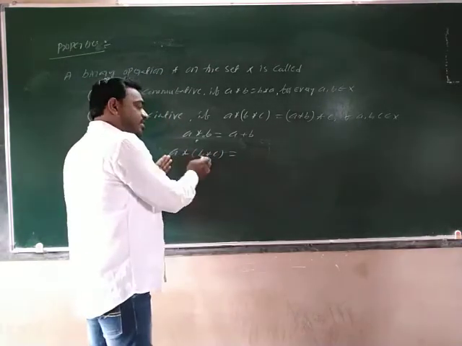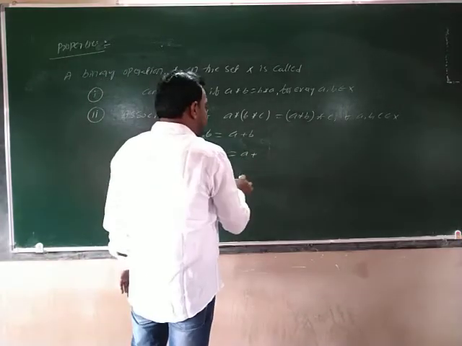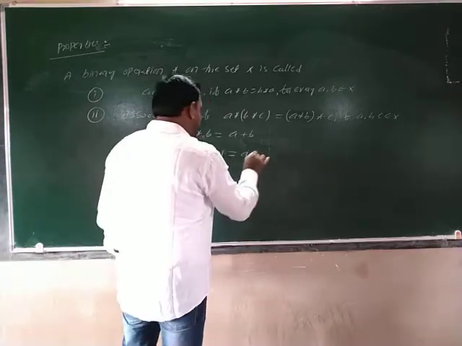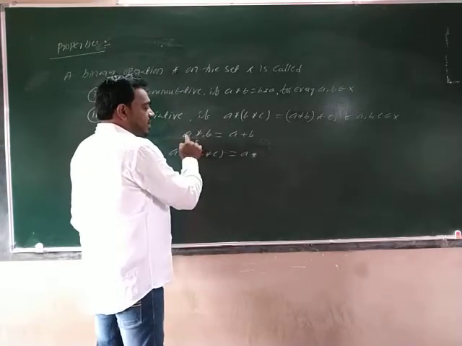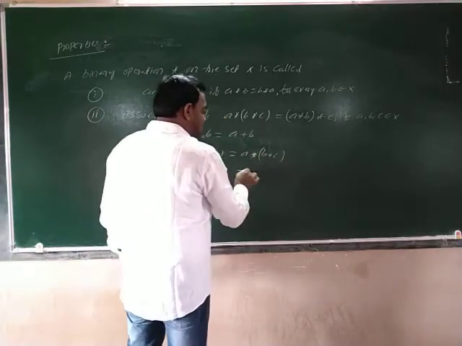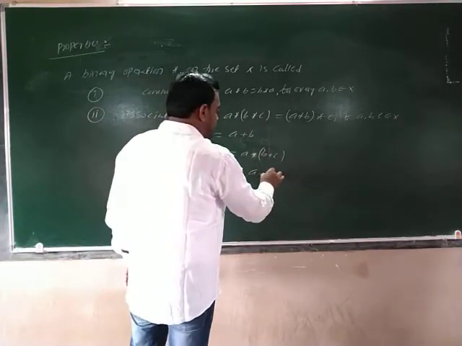B star C is equal to B plus C. Now A star of B star C is equal to A plus B plus C.